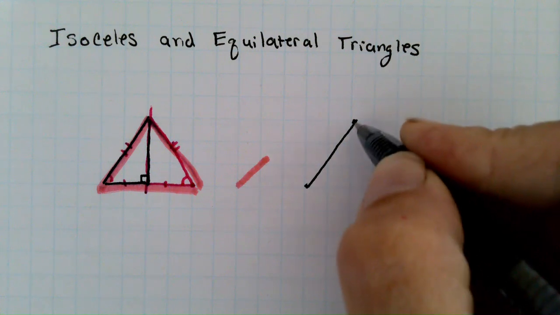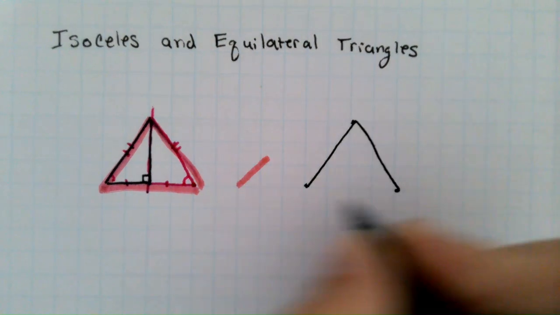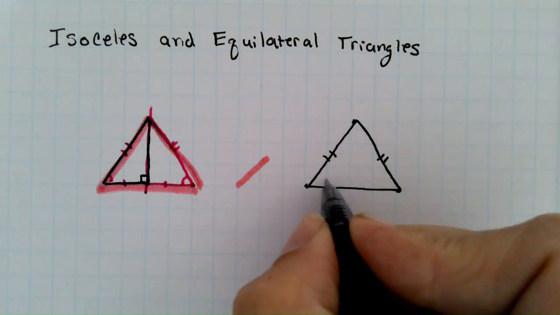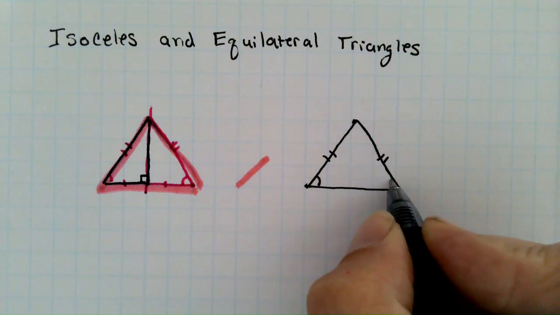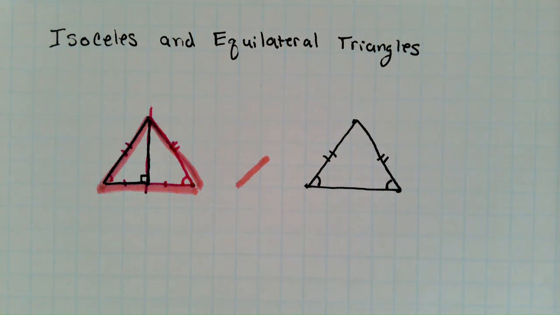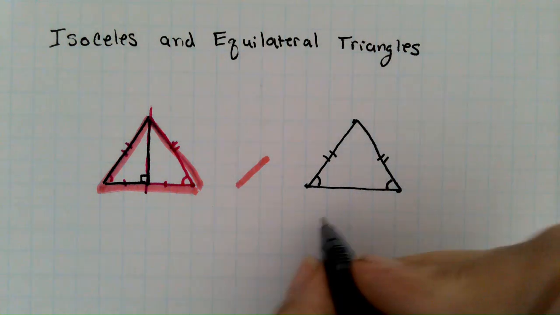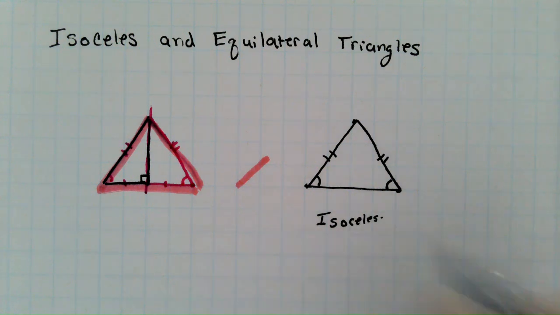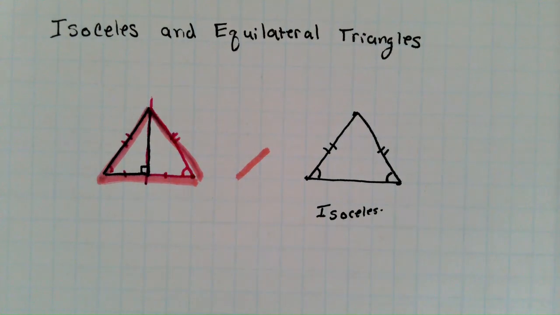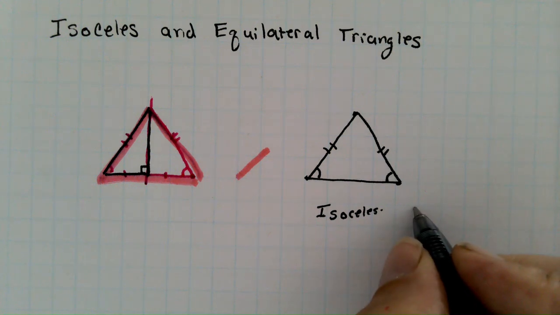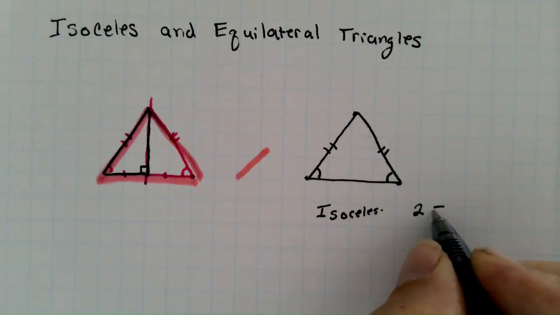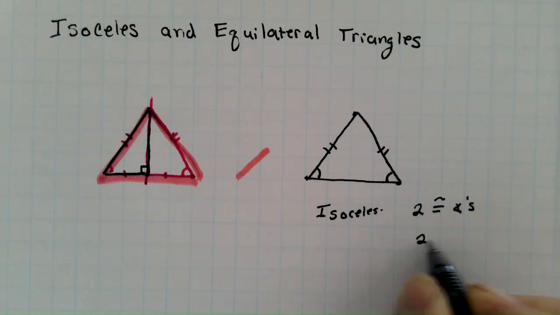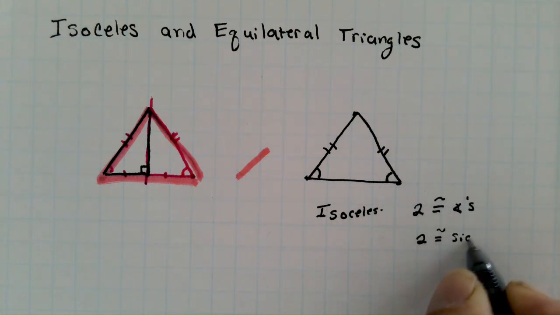So I'm just going to draw the outer shape without all the stuff on the inside. We mark these as being the same, and we mark this as being the same. So the outer triangle is actually what we call isosceles. Okay? And what's really important is that you have 2 congruent angles and 2 congruent sides.